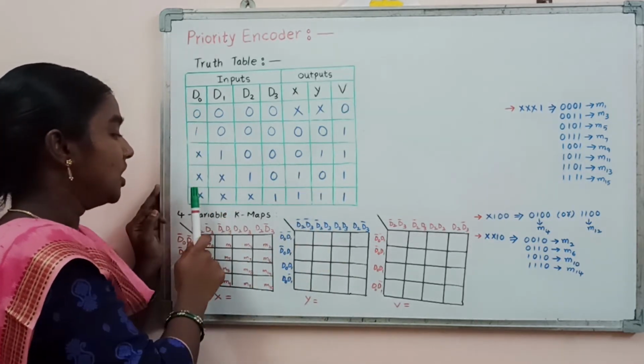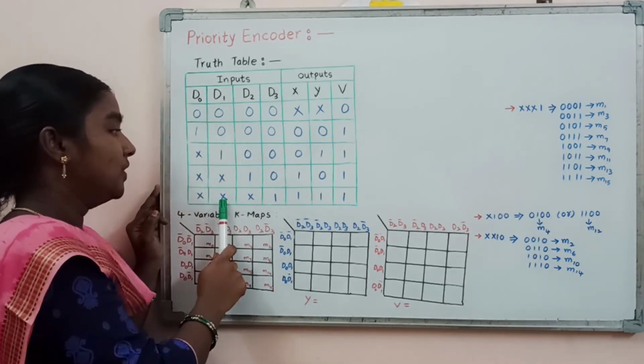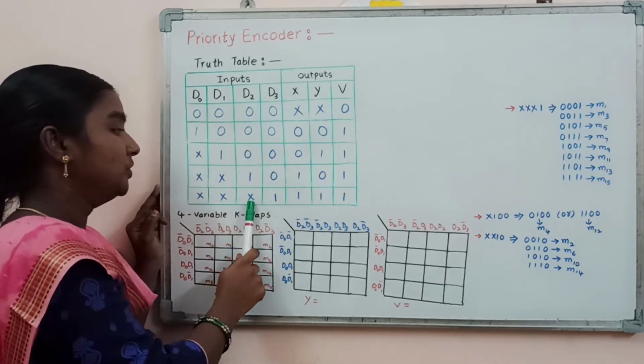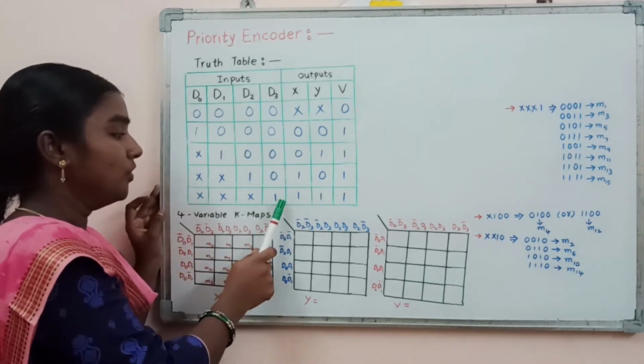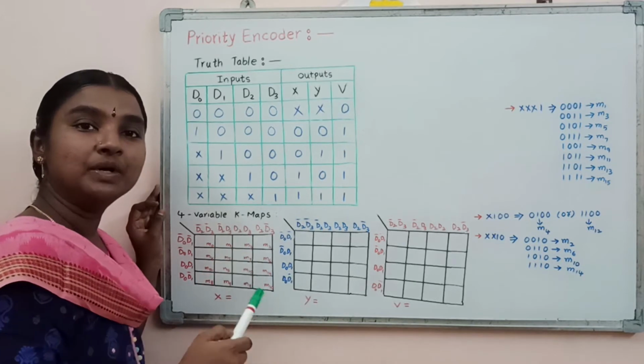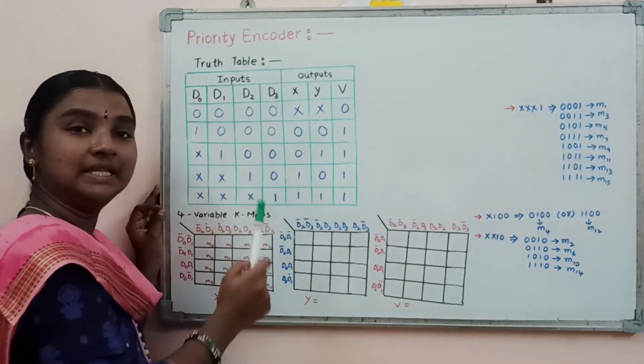And considering the last combination, D0, D1, D2 equal to don't care and D3 equal to 1, among all 4 inputs we are going to consider the higher priority input value, which is D3.